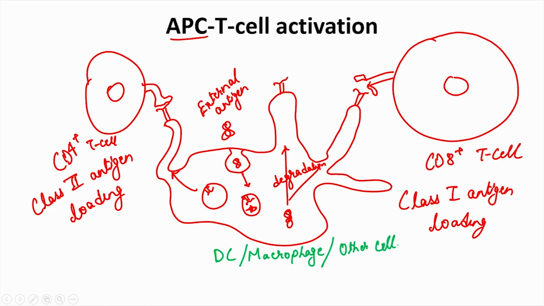The way this activation happens is typically these dendritic cells and macrophages have different classes of proteins which are called class 1 and class 2. So, what is class 1? Class 1 is loading of antigen through an intracellular route. Let us say the protein that is an antigen is present in the cytoplasm.